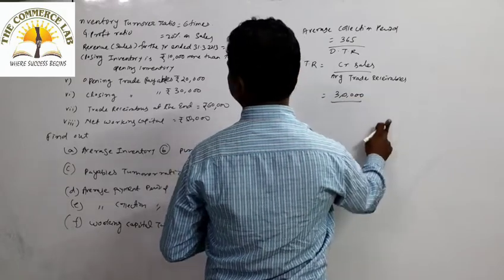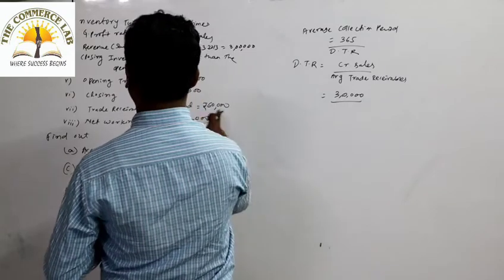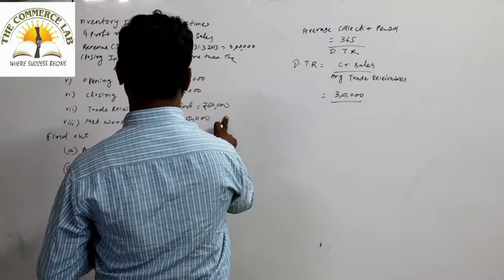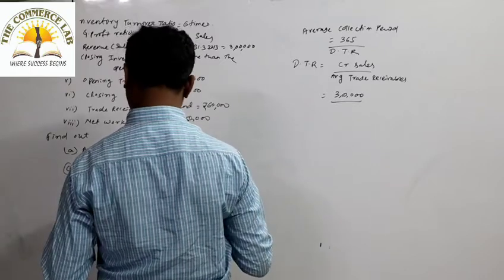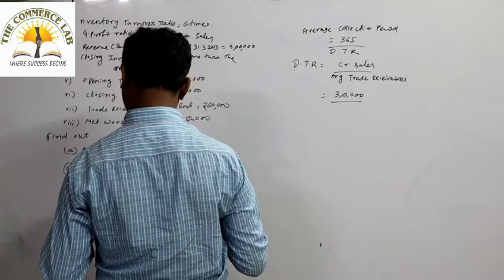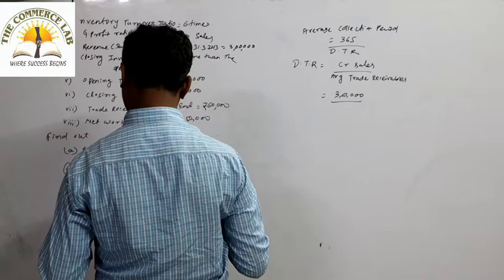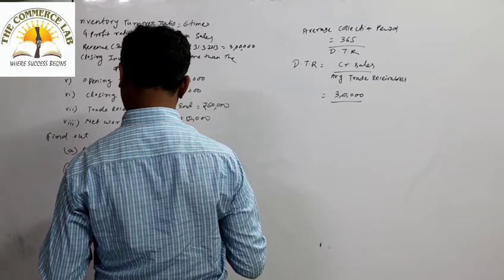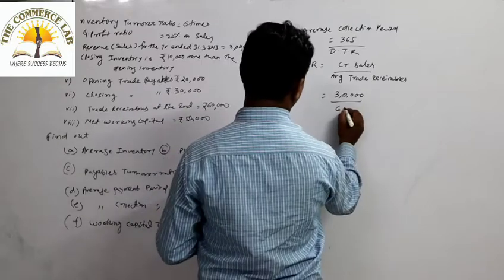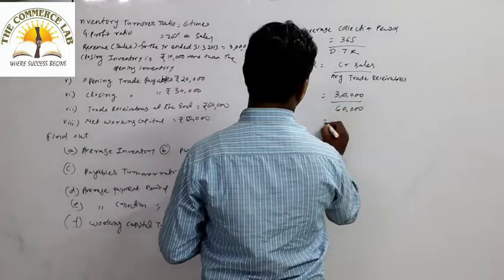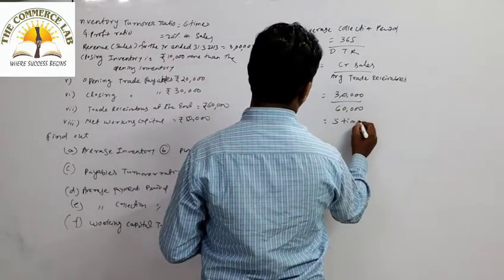What is the average trade receivables? Here only the trade receivable at the end is given, not the trade receivable at the beginning. So we can take 60, no problem. So debtor turnover ratio equals 5 times.